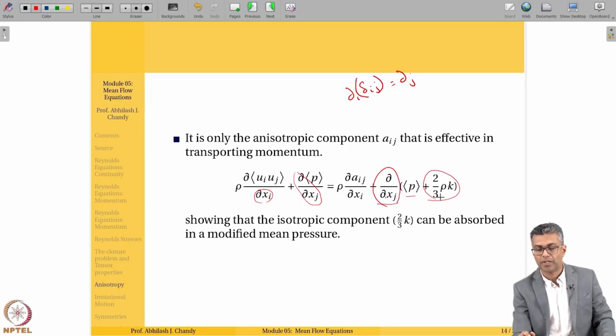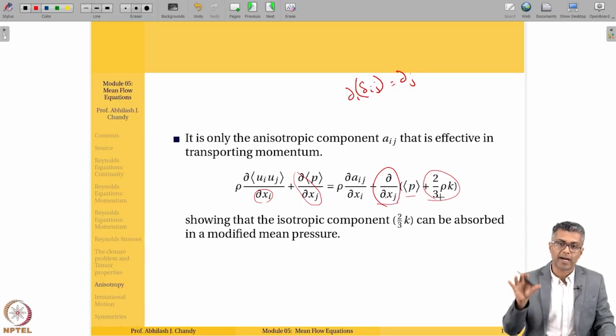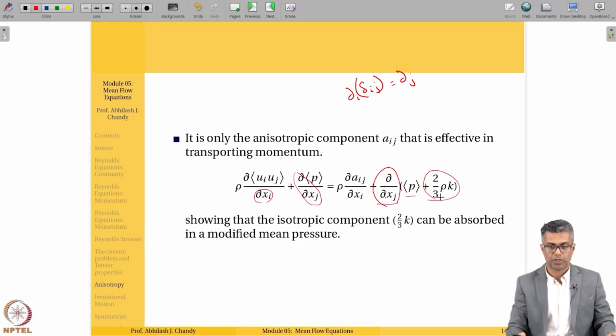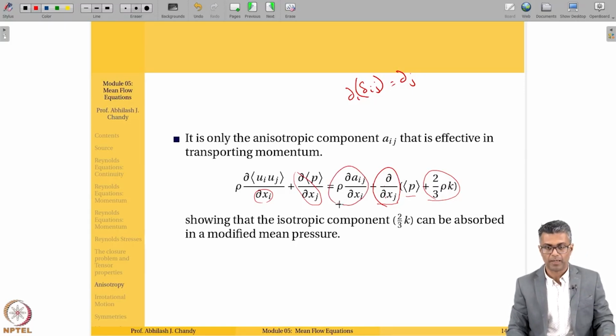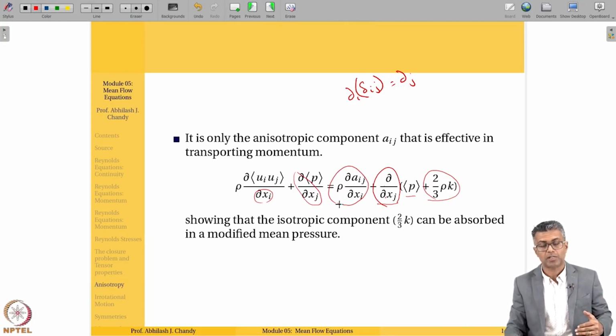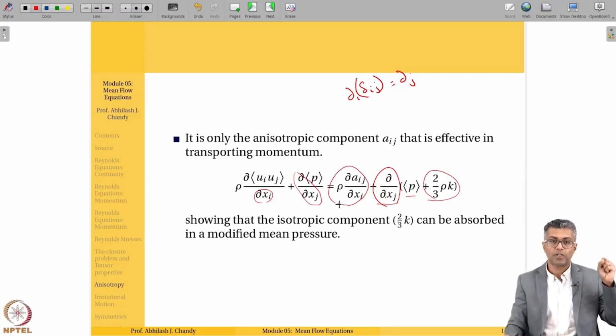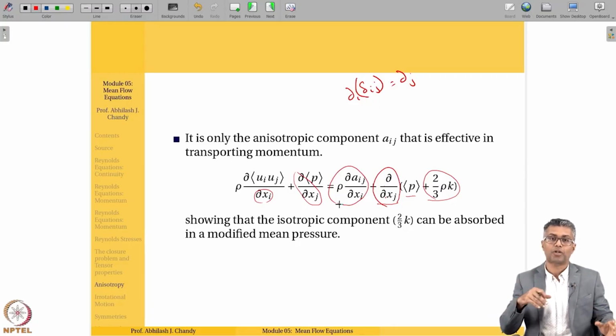So what has happened here is I have grouped this kinetic energy term to the pressure term, and I have written the anisotropy term separately. That makes sense. The pressure to me is isotropic. The diagonal components in the Reynolds stress tensor are isotropic. So why not combine the isotropic part of the traditional stress tensor and the isotropic part of the Reynolds stress tensor?